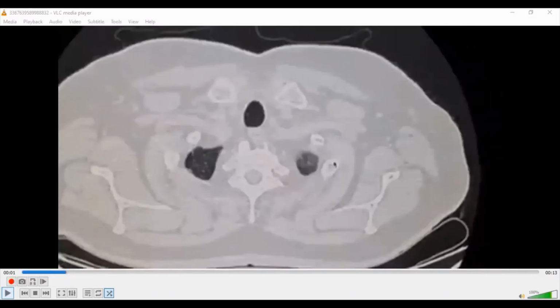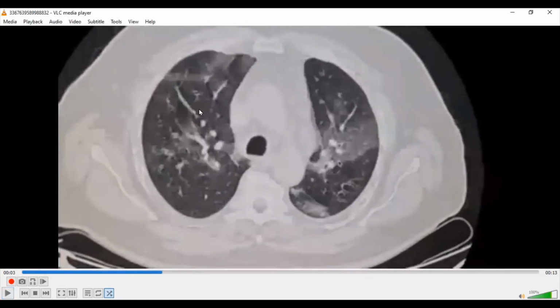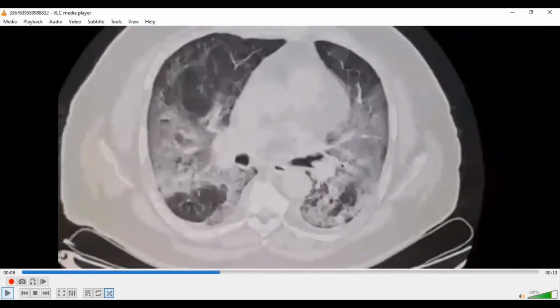Now let us see the CT. You can see some opacities appearing here. You can see a large GGO patch along with directed linear opacity, GGO patches over here.